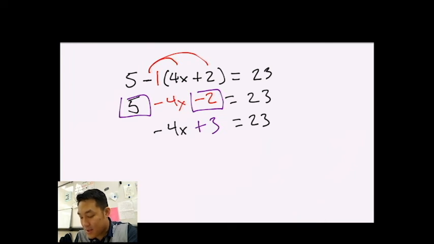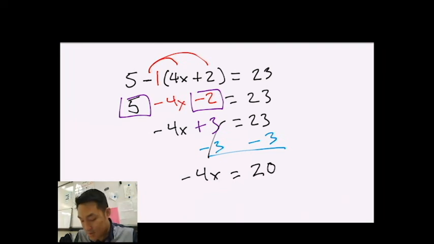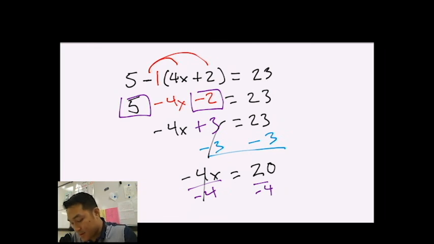So I got to cancel that 3 first by doing the opposite to both sides. Subtract 3 to both sides. That gives us negative 4x equals 23 minus 3 is 20. And then last step, divide, divorce the couple. So divide by negative 4 to both sides. This gives us x equals 20 divided by negative 4 is negative 5.